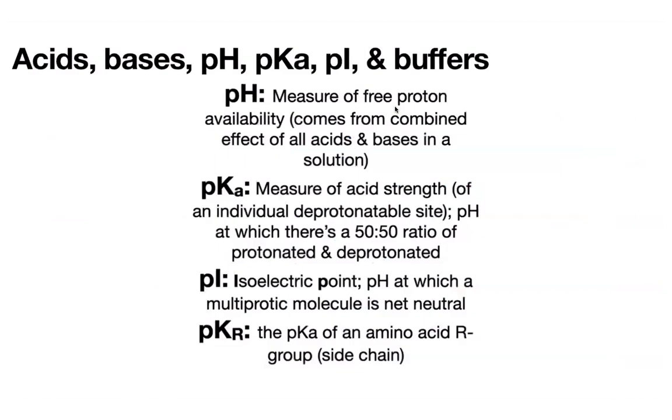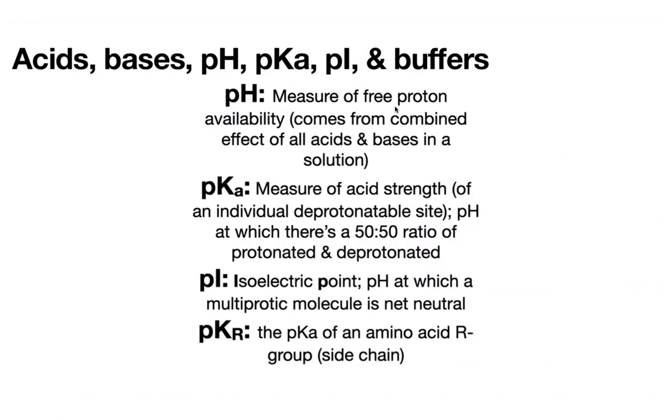Okay, so another thing about water, we can talk about acids, bases, pH, pKa, pI, and buffers. Sounds like a lot, but really there are just a few key terms that you need to know, and their relationship to the pH. So the pH is our measure of free proton availability. This is a solution level thing.